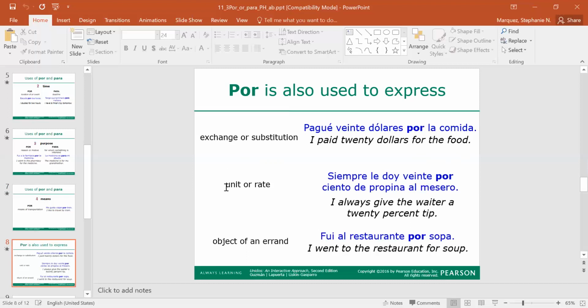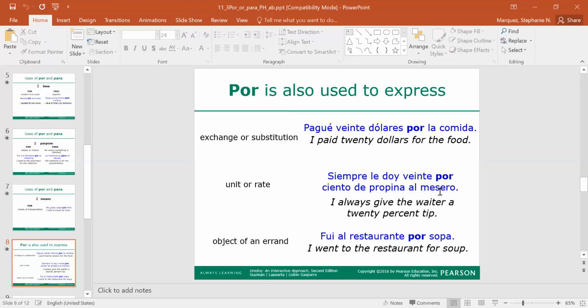Then think about this as per, P-E-R. It says unit or rate, but it says, I always give the waiter a 20% tip. So, siempre le doy 20% de propina al mesero. I always give the waiter 20% de propina, is like of tip, al mesero, to the waiter. Siempre le doy 20% de propina al mesero.